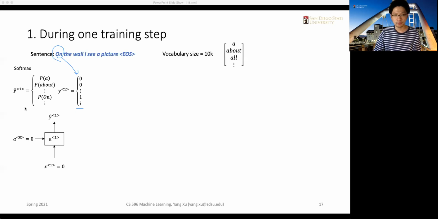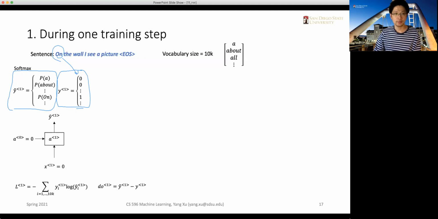Based on our previous knowledge, we can compare the difference between y hat 1 and y 1 using the cross entropy loss, which is basically in a similar format as the logistic regression loss. Anyway, we can compute the gradients for this time step. We have reviewed that in a convolutional neural network. So that is the first time step.